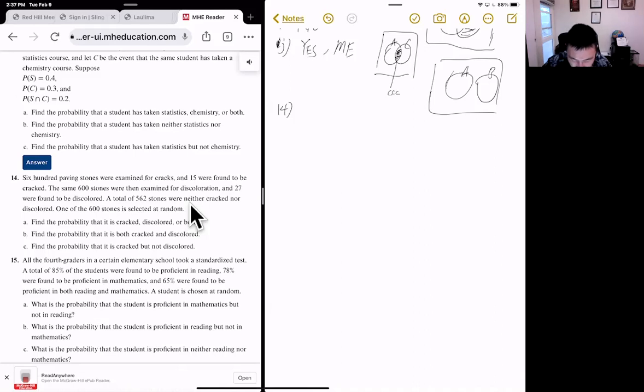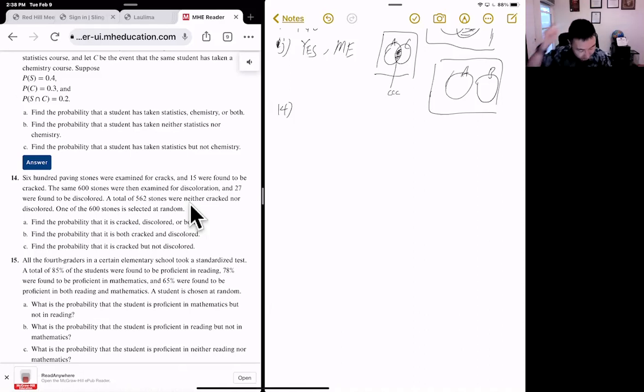And the same 600 stones are then examined for discoloration, and 27 of them were found to be discolored. A total of 562 stones were neither cracked nor discolored. And then one of the 600 stones is selected at random.